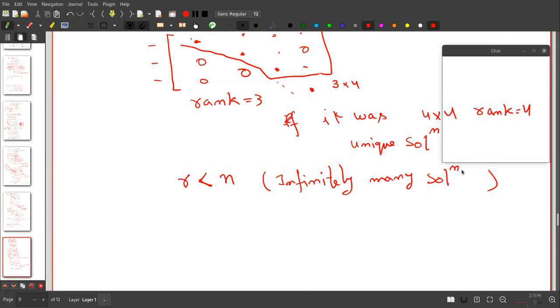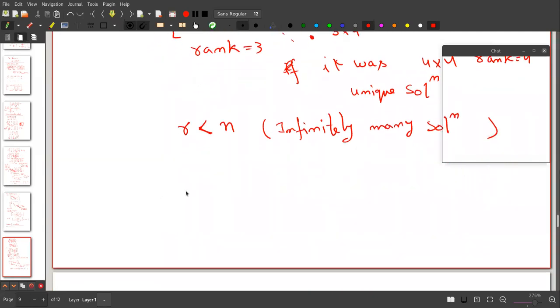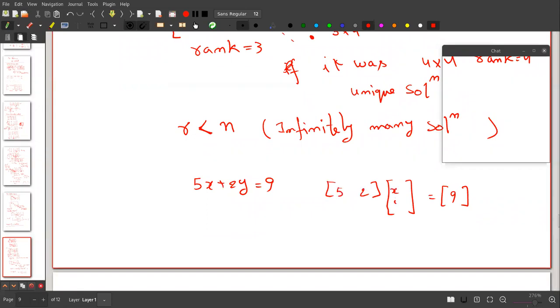Why infinitely many solutions? Let me clear it. Say I have one equation, 5x plus 2y equals 9. I have just one equation and two unknowns. If I make it in matrix form, it will be 5, 2, times x and y, equals 9.